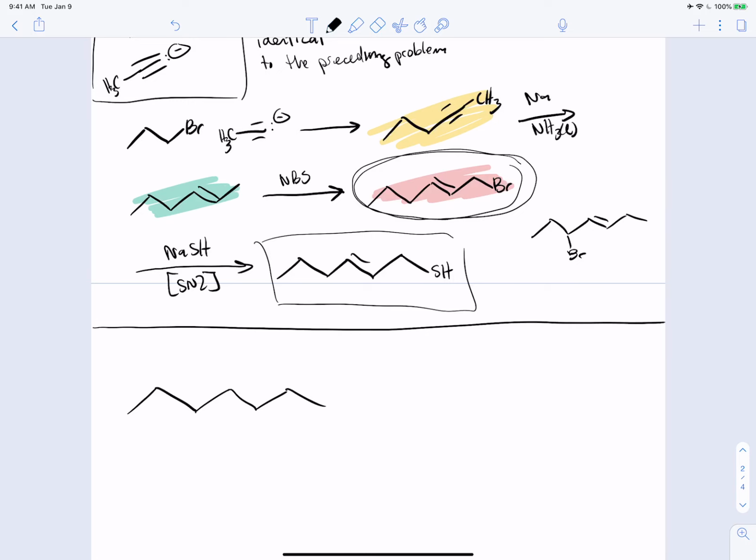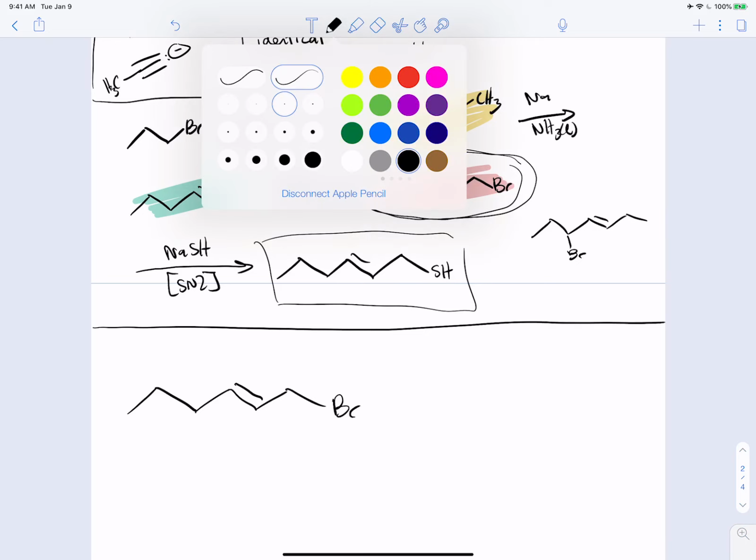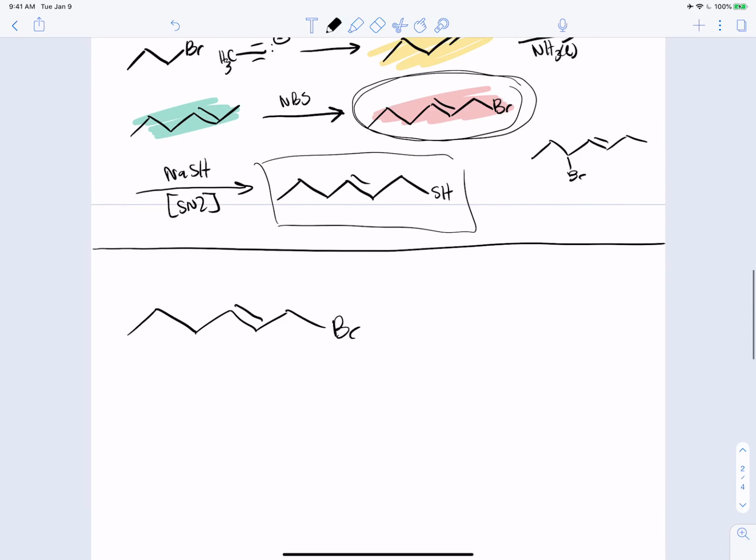We'll go back to the first problem because it's a little bit simpler. But your two potential ways you could work this problem are: one is you could imagine a way to put in the bromine after you join the two carbon fragments, and that's what we've been doing. The other way you could imagine doing it is putting it in before you join the two carbon fragments.